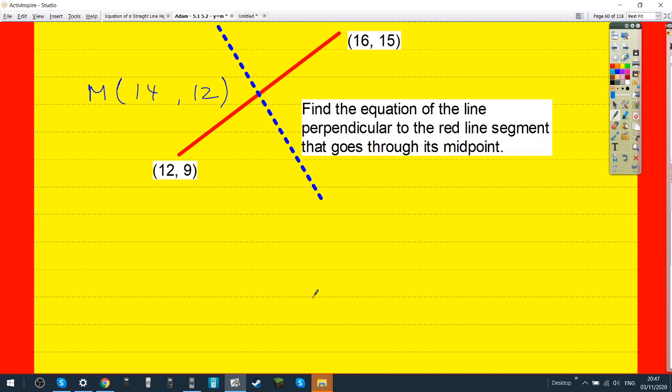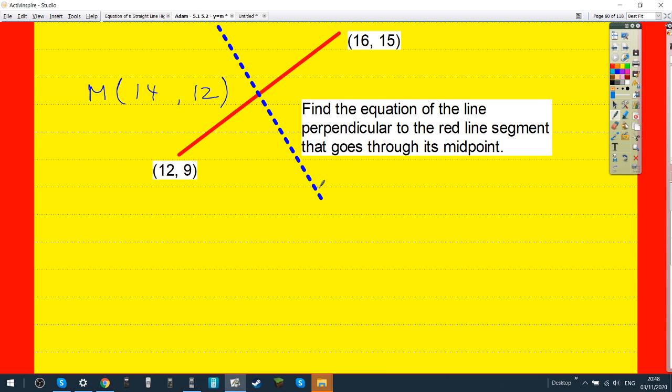Would you use like 12, 9? Like to do what? Would you like to work out the top point of the dotted line? Not possible, it's a line that goes on forever.